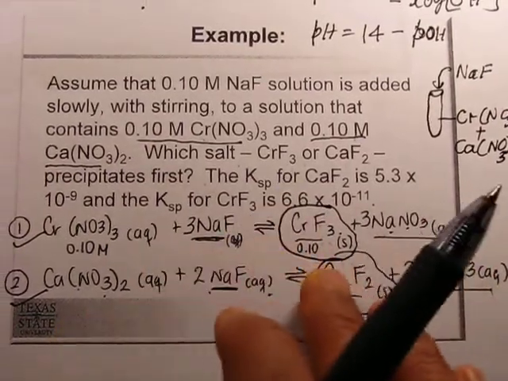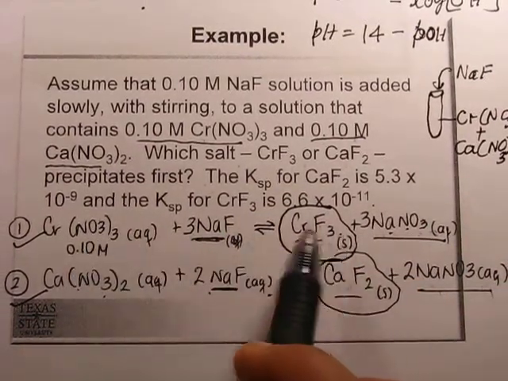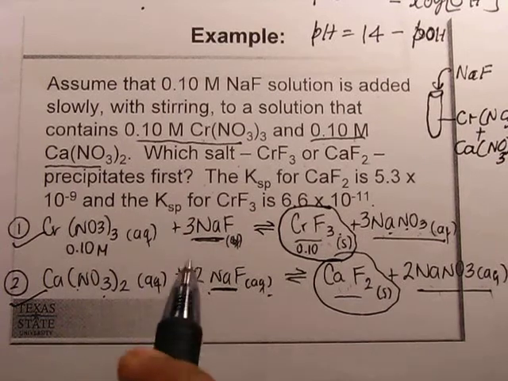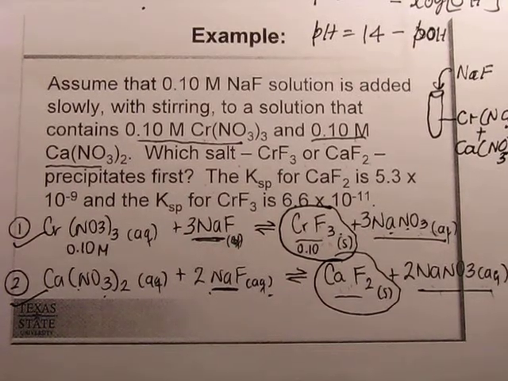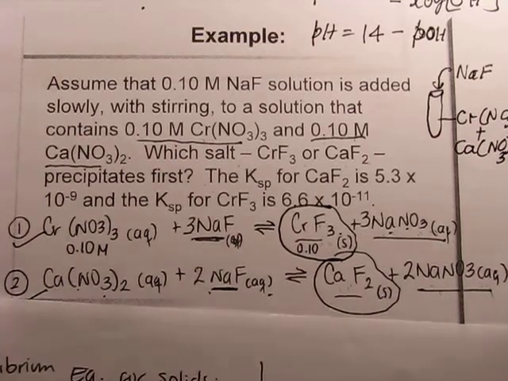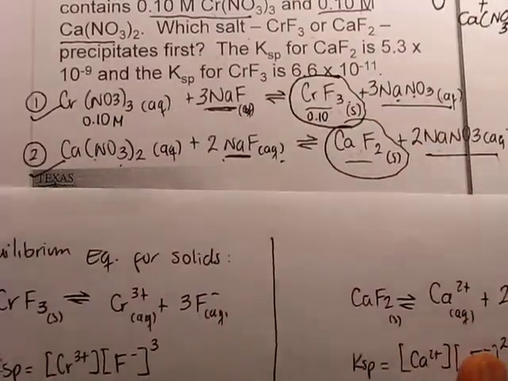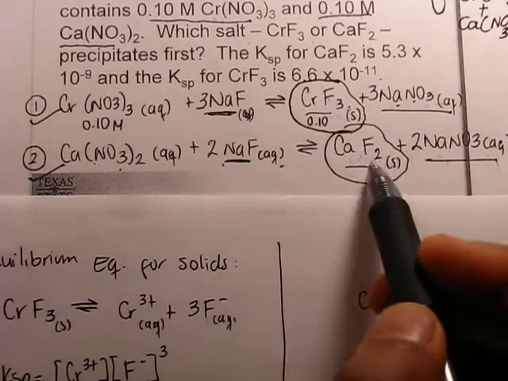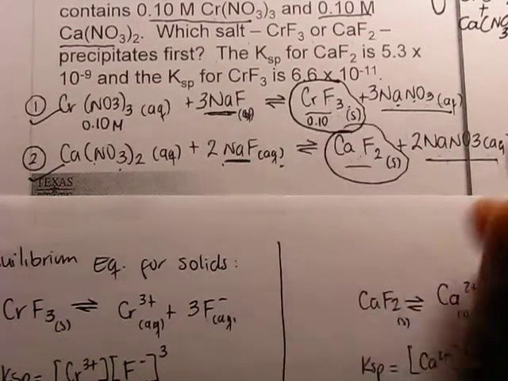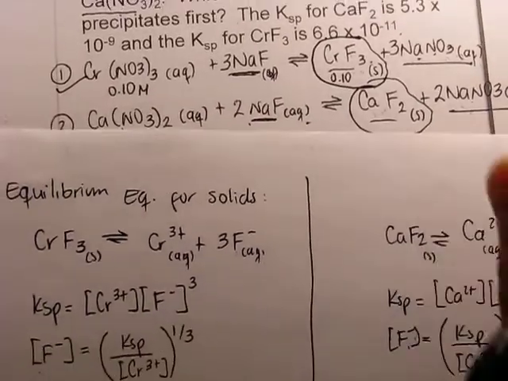So these two reactions will occur. Once you write the reactions, make sure they are balanced. Then we can start comparing. Basically all the nitrates will remain dissolved. We have to pay attention to the fluorides, chromium fluoride and calcium fluoride.